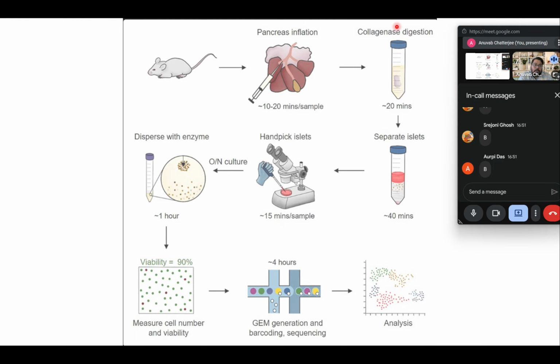So the first thing you do is known as a collagenase digestion, in case of liver or pancreas both. So how is a tissue formed? Cells themselves are very discrete in nature. They are single entities. But when they come together as a tissue, they release an extracellular matrix and adhere to one another.